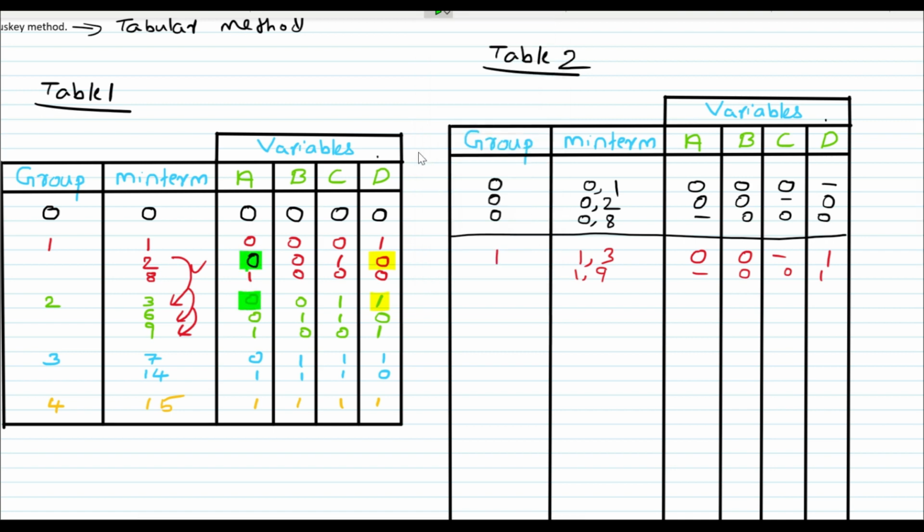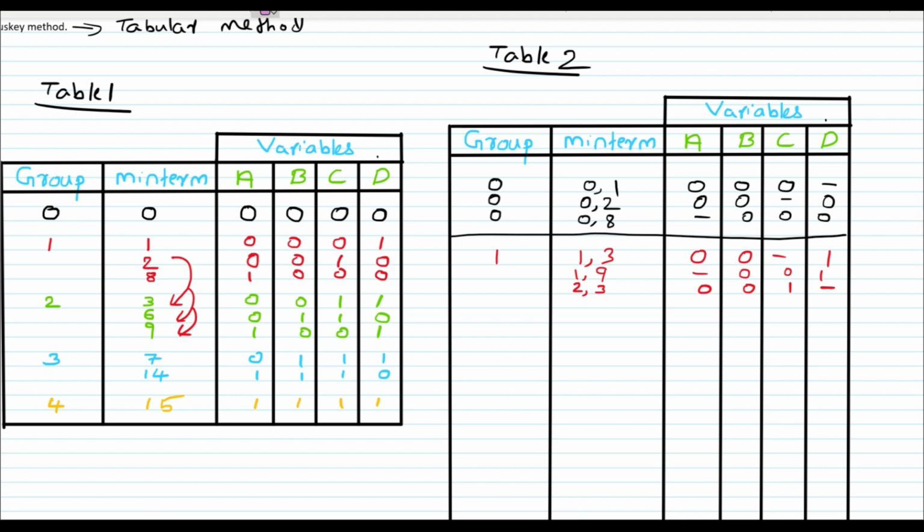This is A is 0 for both the cases, B is 0 for both the cases, and C is 1 for both the cases. So we can take the pair 2, 3. We will write it as 2, 3. That is 0, 0, 1, dash.